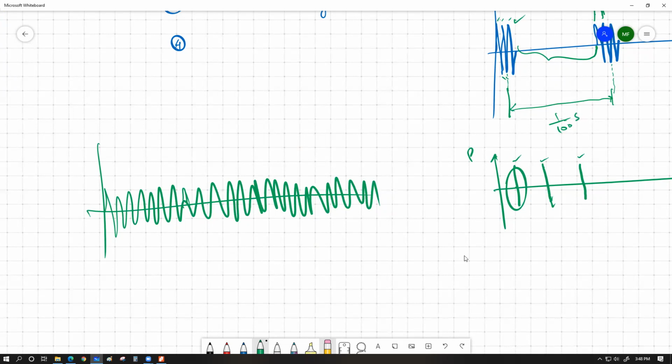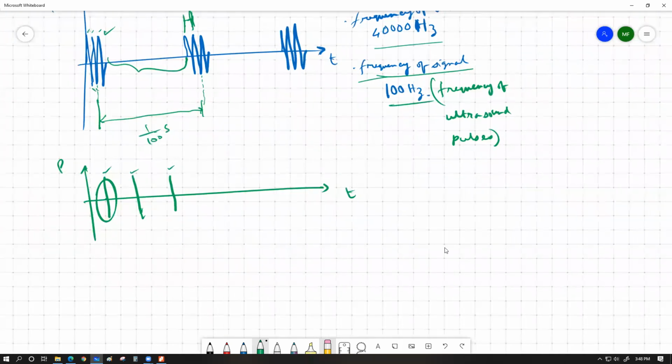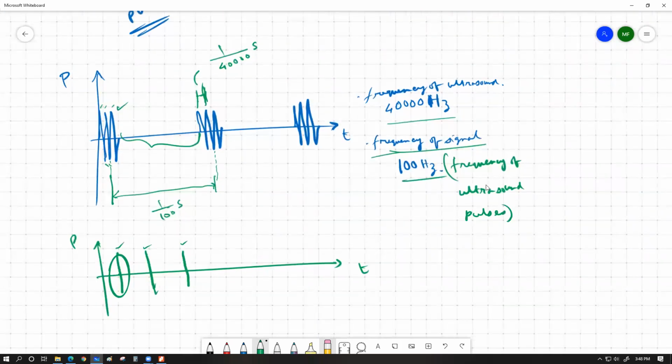Something like that. So the frequency of the signal or frequency of the ultrasound pulses actually means how many pulses of ultrasound will be given out every second, or how many bursts of ultrasound will be given out every second. So these circles are representing one individual small sound. And what is the actual frequency of that sound itself?